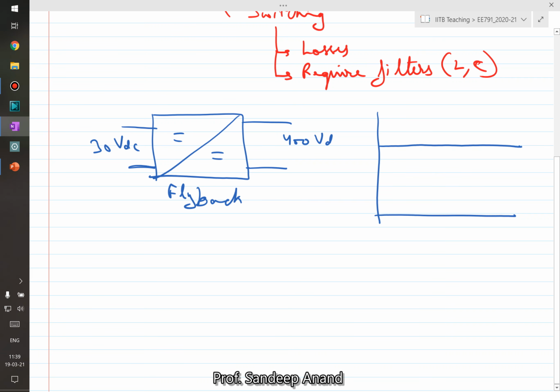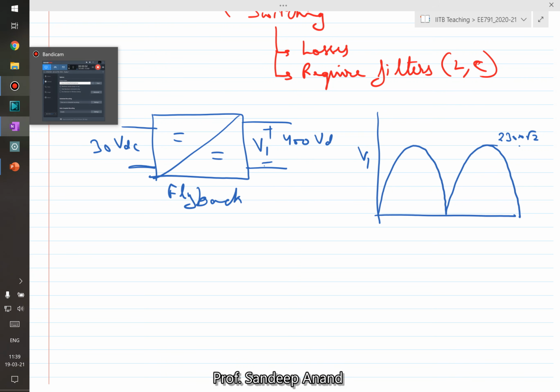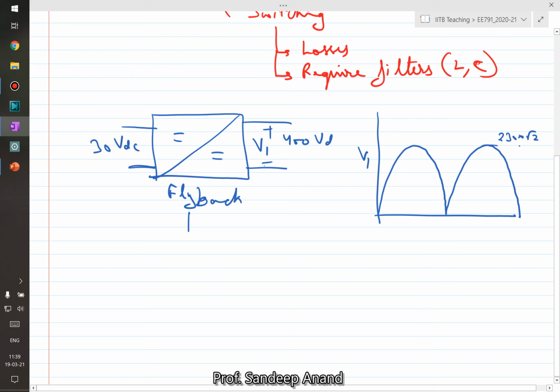The other option is instead of maintaining this as a fixed 400, I can generate a voltage which is like a rectified sine wave at this point. Let me call it V1, whose peak value is 230 into root 2. This is still DC, right? So I can still manipulate or control the duty cycle to generate this kind of output voltage waveform.